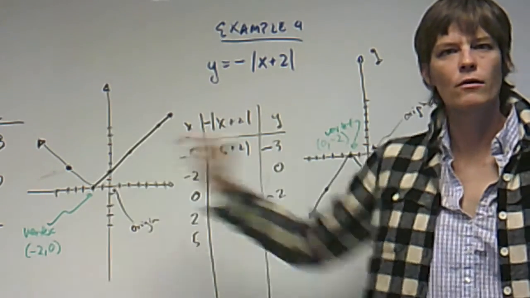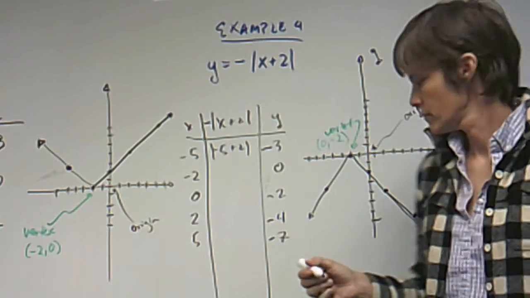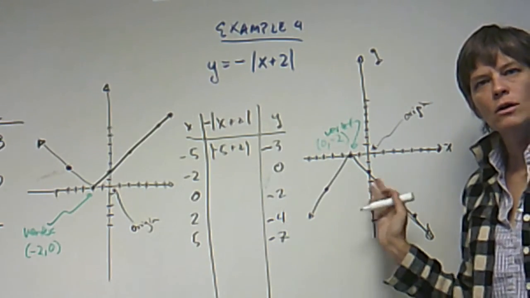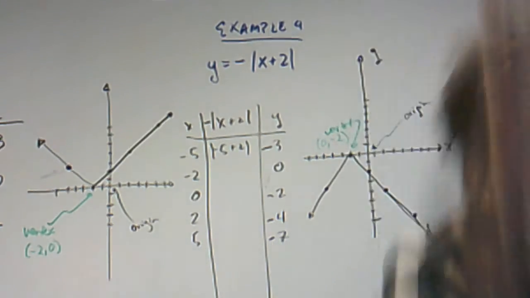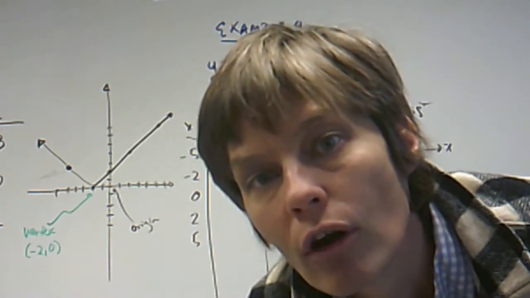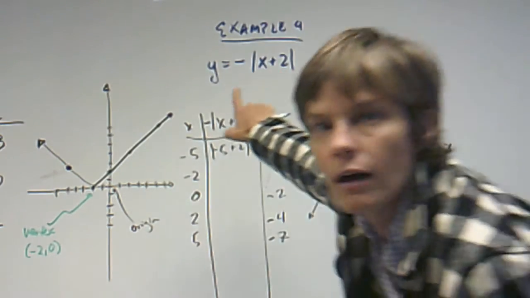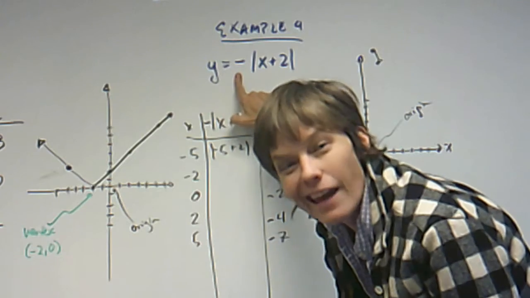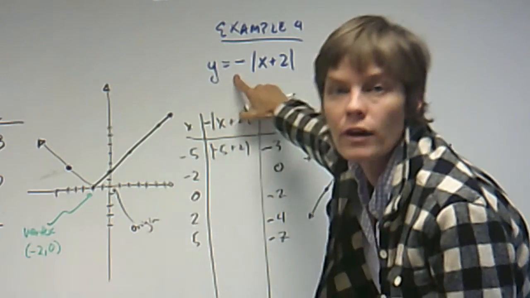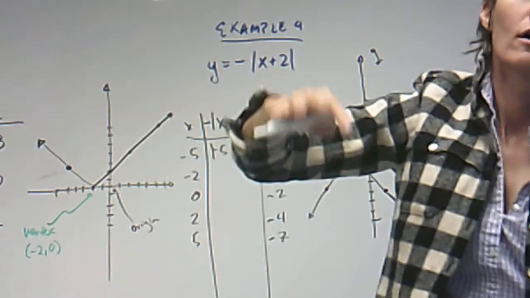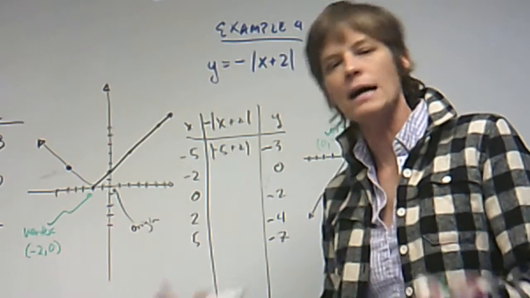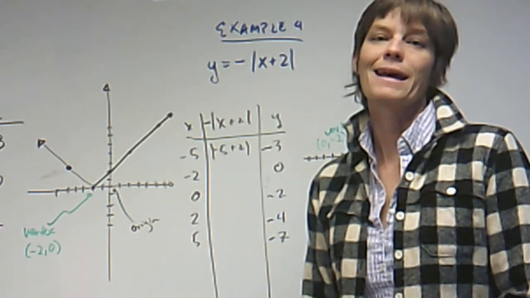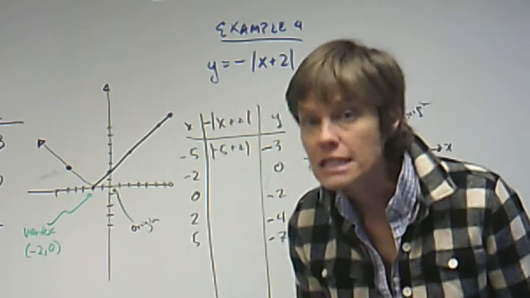And that's what it was in this other one, 0, negative 2. But what did change? The whole thing flipped over. All because of this negative. So the negative made it tumble over, and all those pretty positive absolute values became negative. Every single one of them.